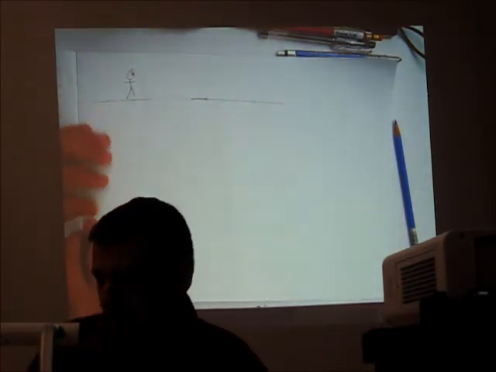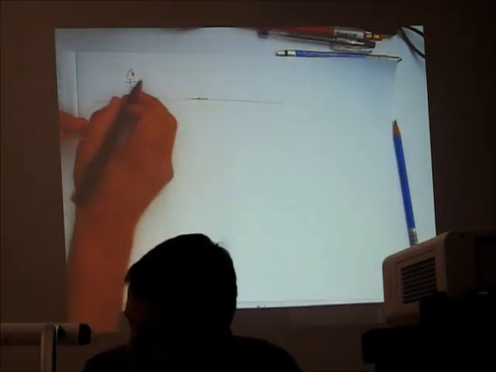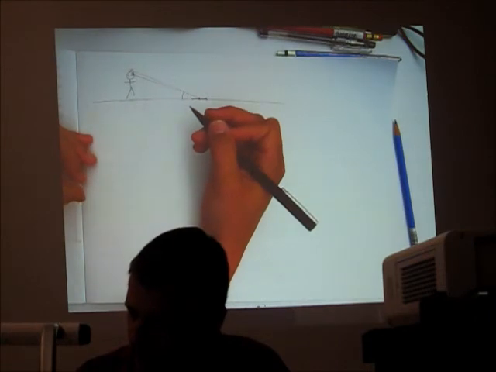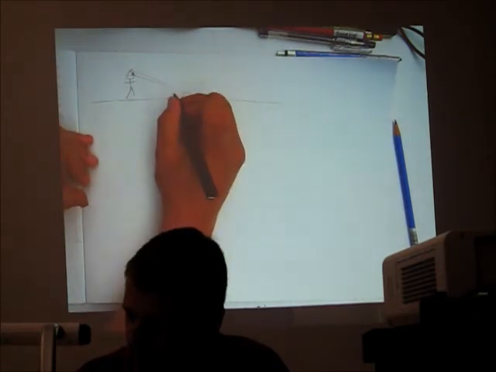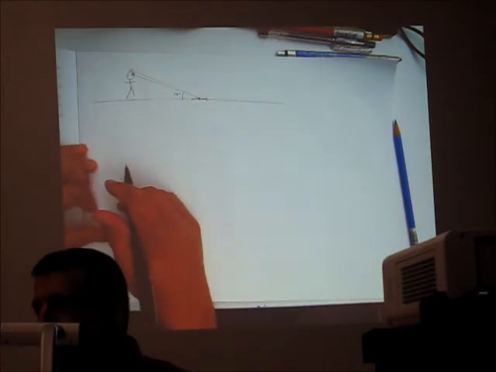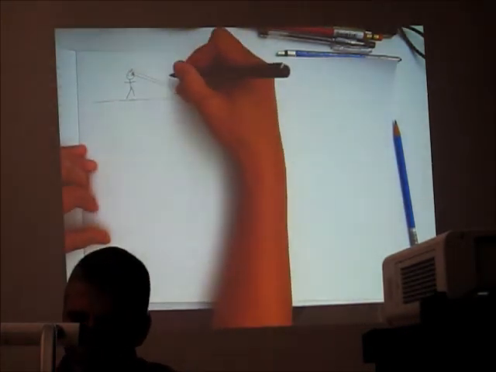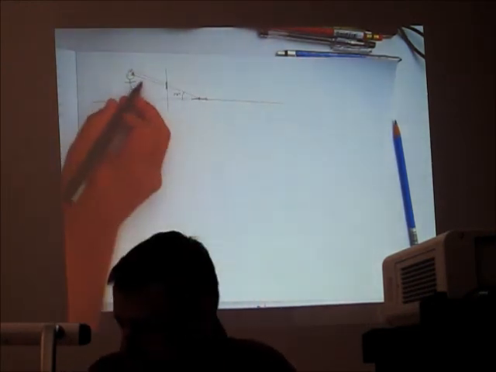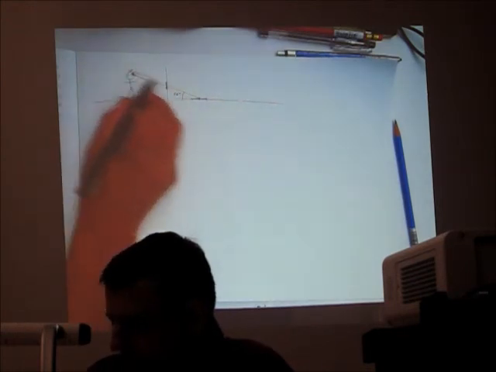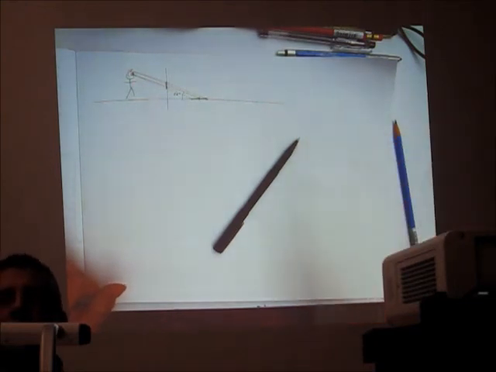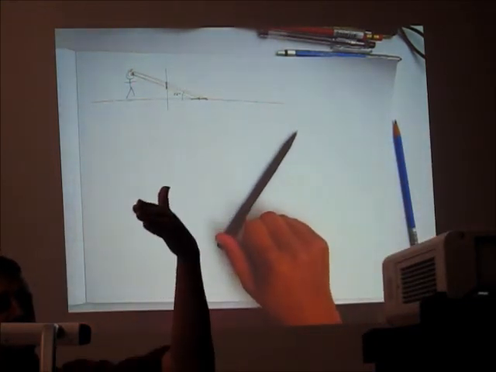What you're doing is you're looking at the center of it, and you're saying, okay, this is about 25 to 30 degrees, probably about 28 degrees. So when he sees that, he's going to see this projected onto the ground plane like this. And it's going to be a 28 degree ellipse on his picture plane.